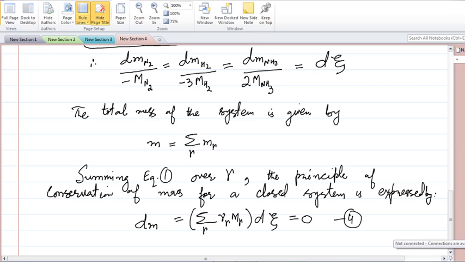So this is our suppose equation number, this was 3.